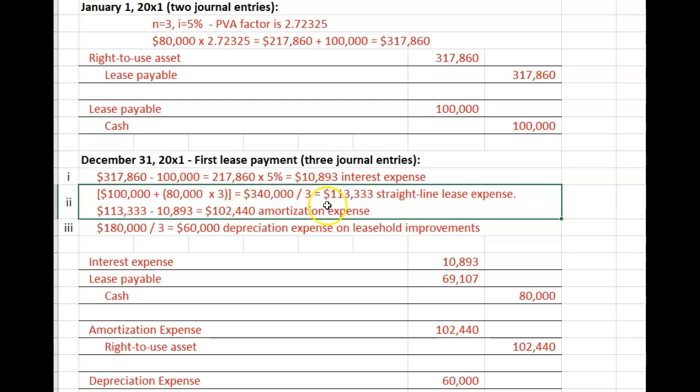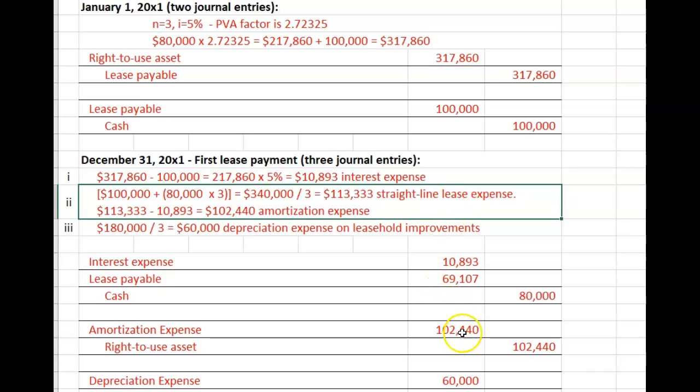So if you take the $113,333 straight line lease expense minus the interest that was paid during year 1, the difference is charged to amortization expense. In other words, add these two numbers together and they equal the straight line lease expense.